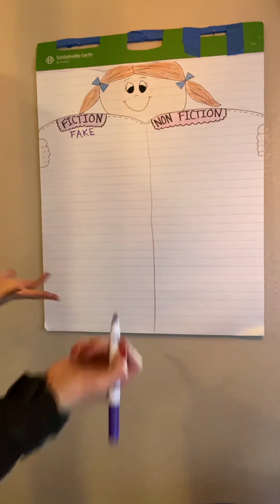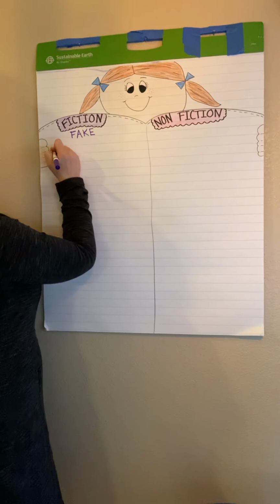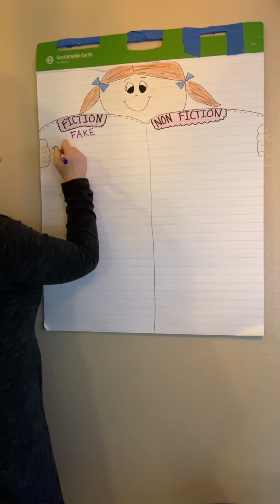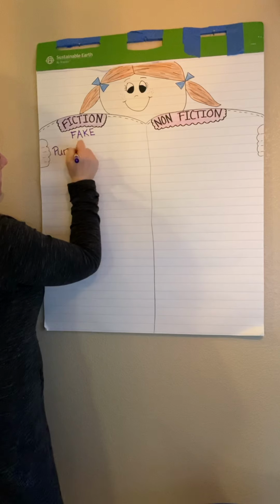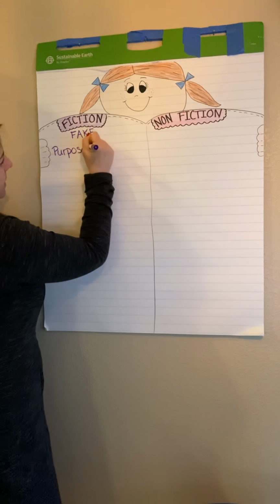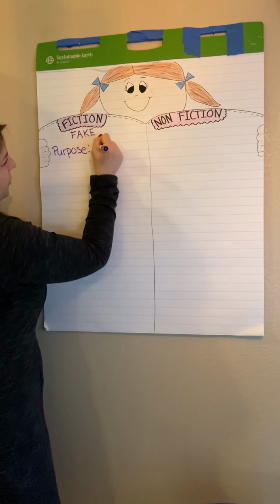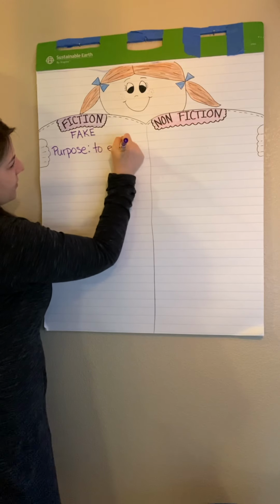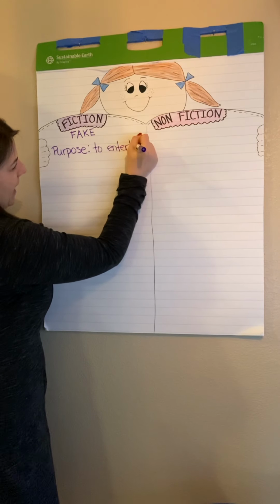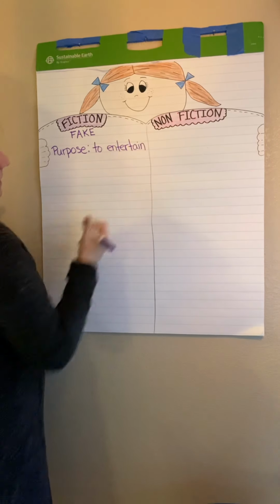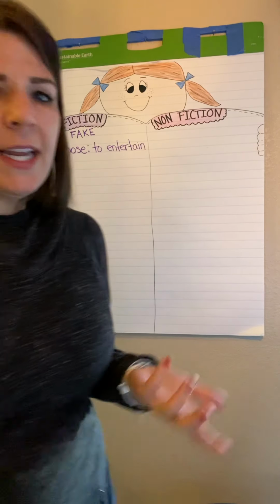So just for something fun. So the purpose is to entertain. Okay. So we're not reading it to learn something. We're just reading it for fun because it's something that we like to read about. That's fun.